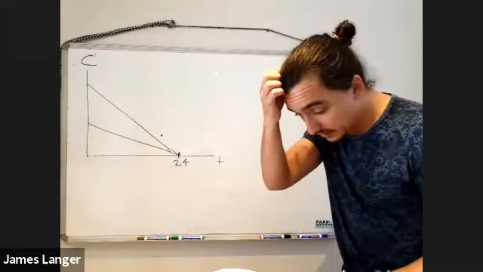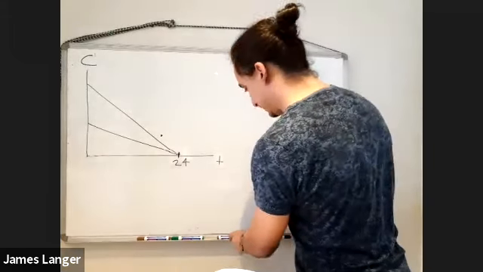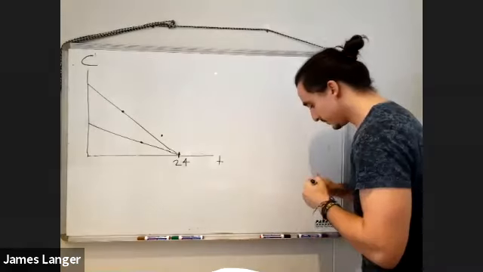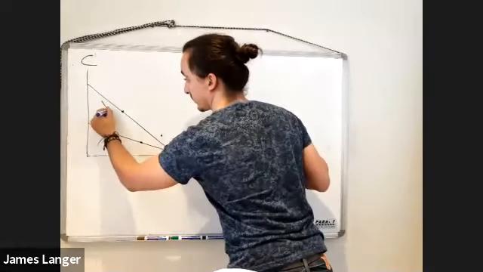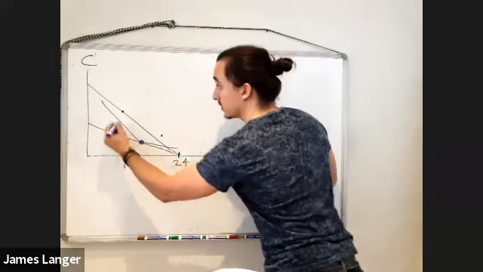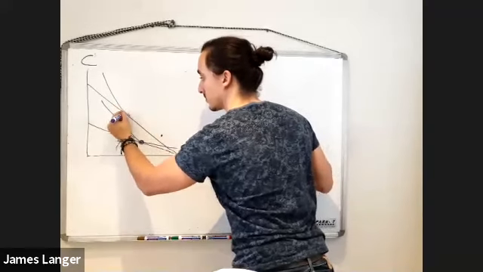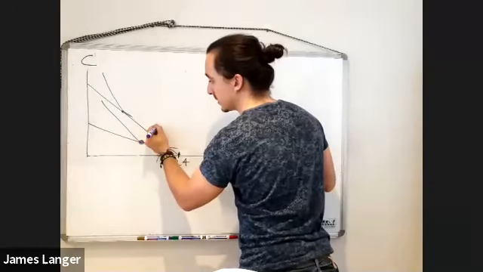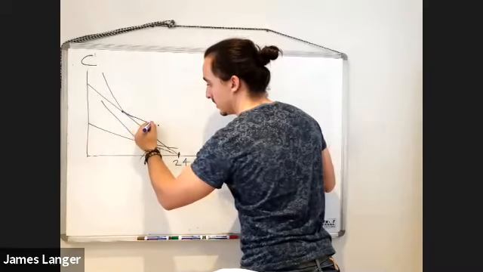Okay, and now we saw that the effect was to go from this point here to a point up and to the right. And I'm not going to lie, getting this drawing perfect isn't the easiest thing to do.